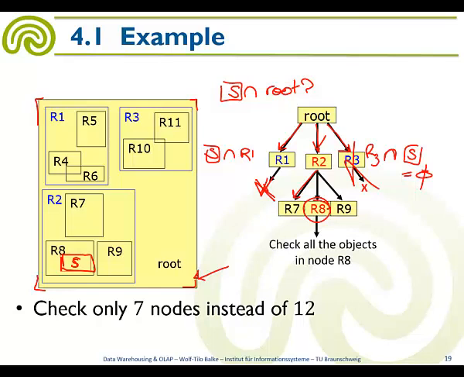Now, in the worst case scenario, what we did here is we basically had to traverse 1, 2, 3, 4, 5, 6, 7 nodes in the tree until we found R8, so until we found the answer to our query. If we did not have that, then you would have basically had to look in the root 1, 2, 3, 4, 5, 6, 7, 8, 9, 10, 11, 12.